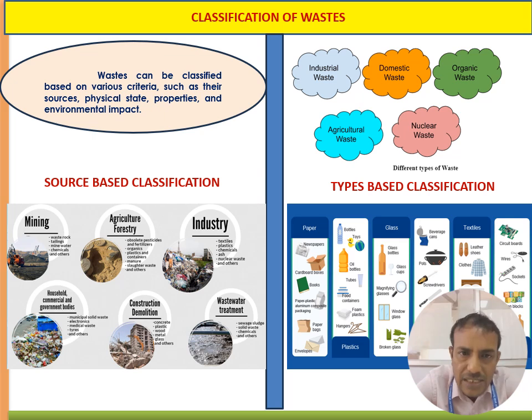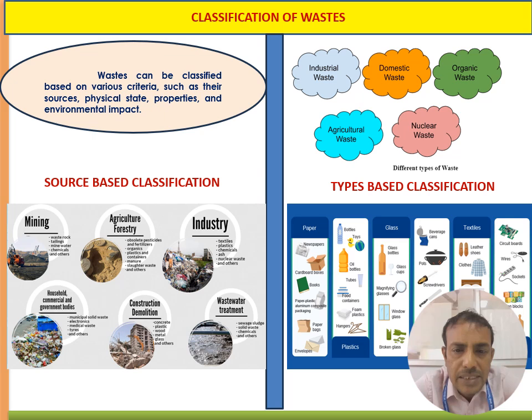And extensive mining activity also produces waste like waste rocks or any abandoned mining materials. These are some of the examples for mining waste and construction and demolition waste. These are basically debris from construction and demolition.